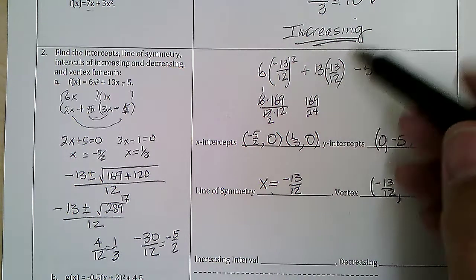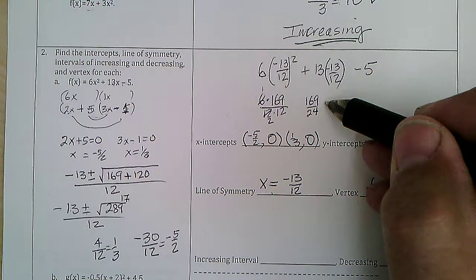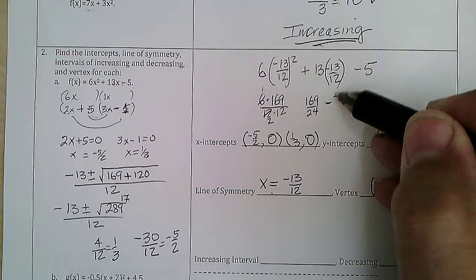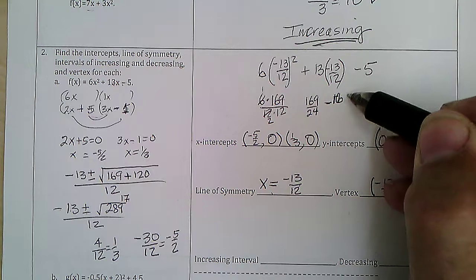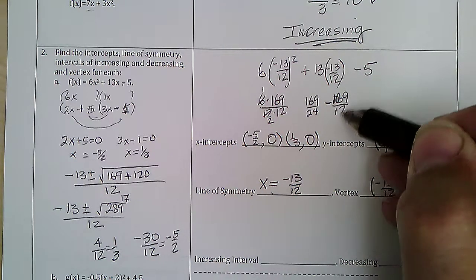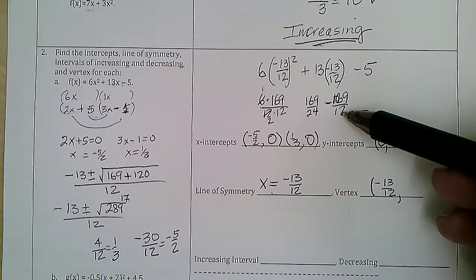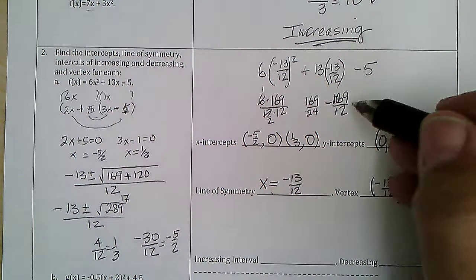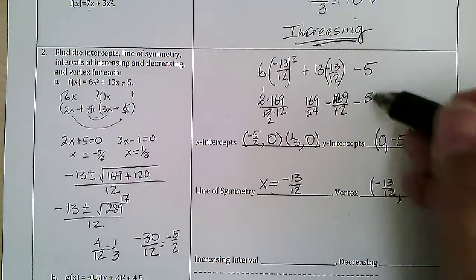And this would be 169 over 12, and it's minus 1, it's 169 over 12. So this is bigger pieces, so these are double. That tells me I'm working in the right place, minus 5.